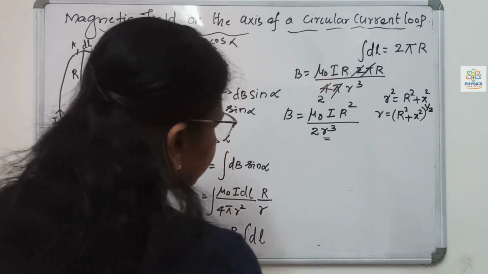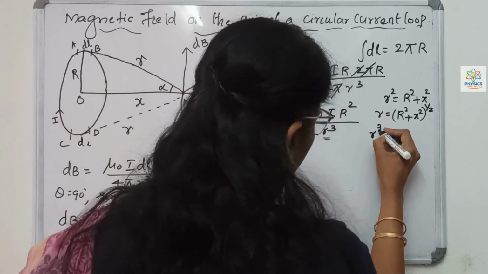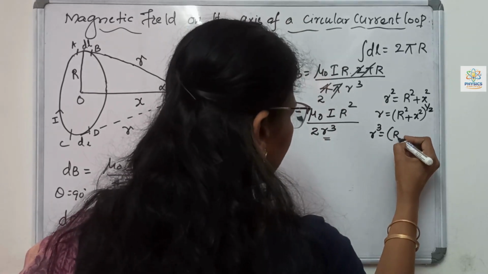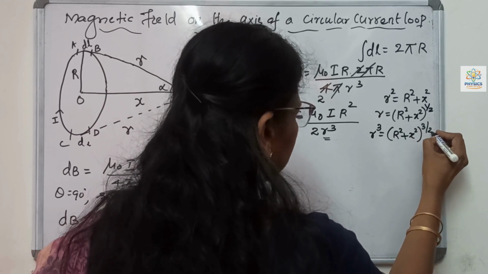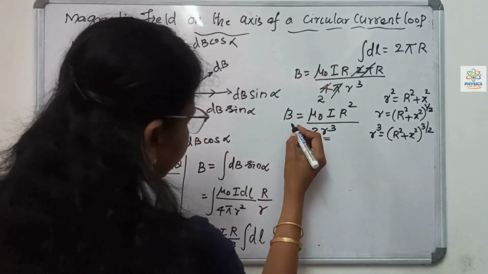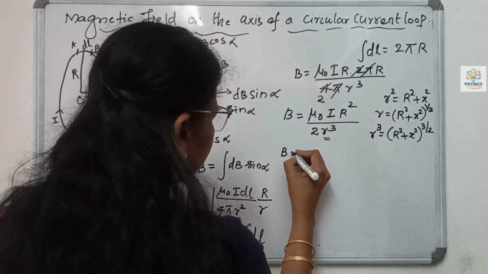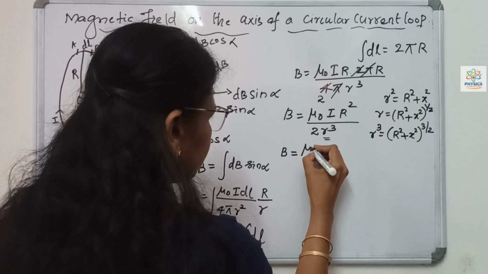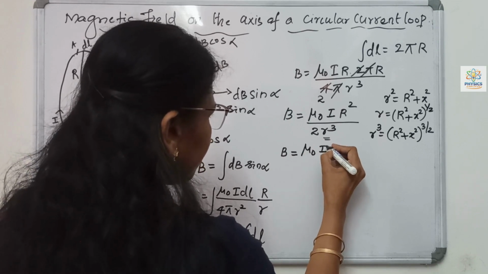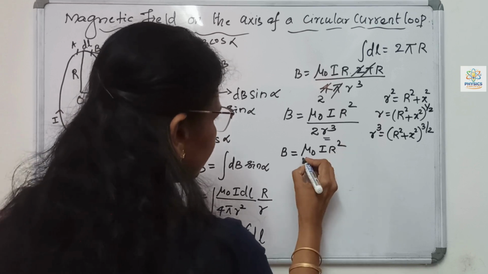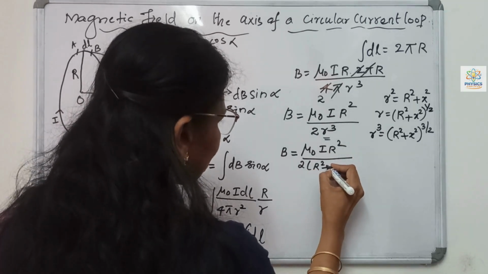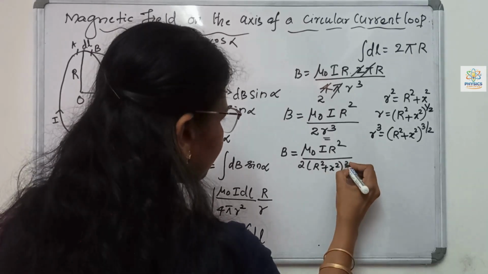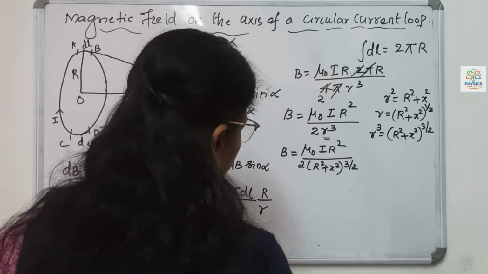So next, r cube is R square plus x square the whole raised to 3 by 2. Therefore, the equation B can be written as mu 0 I R square the whole divided by 2 into R square plus x square the whole raised to 3 by 2.